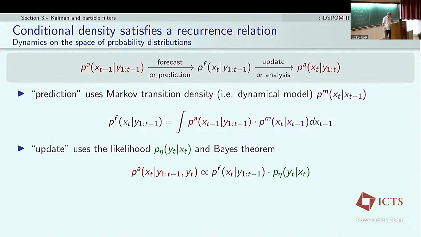And the update simply uses Bayes theorem, in the following form.